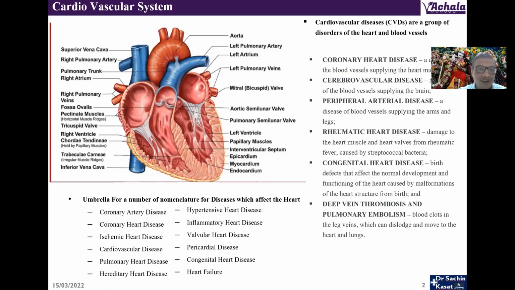So I have created one umbrella, if you see in the left bottom corner here. So all these are the nomenclatures which you will get in your claims. Coronary artery disease, coronary heart disease, ischemic heart disease, cardiovascular disease, pulmonary heart disease, hereditary heart disease, hypertensive heart disease.